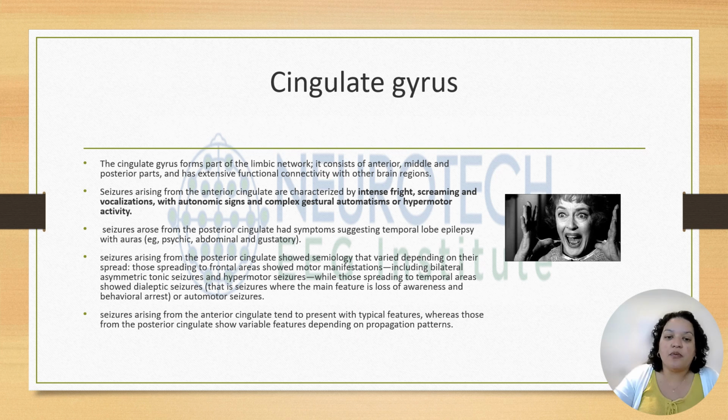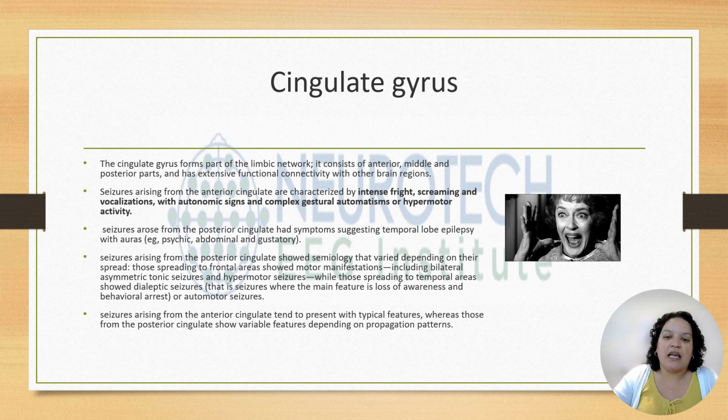Seizure arising from the posterior cingulate shows semiology that varies depending on their spread. So just keep these for when you talk about seizure semiology, and just know that cingulate gyrus has different presentations when there's something happening in the cingulate gyrus.